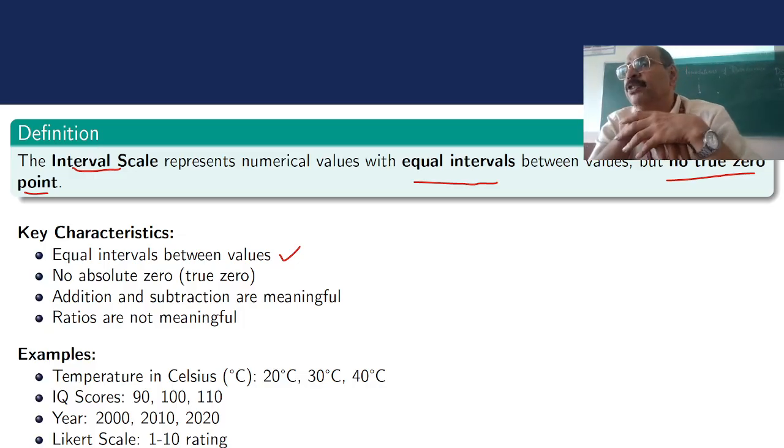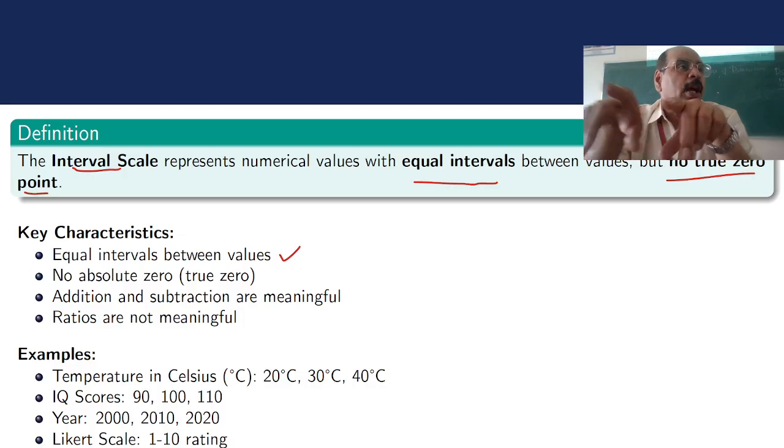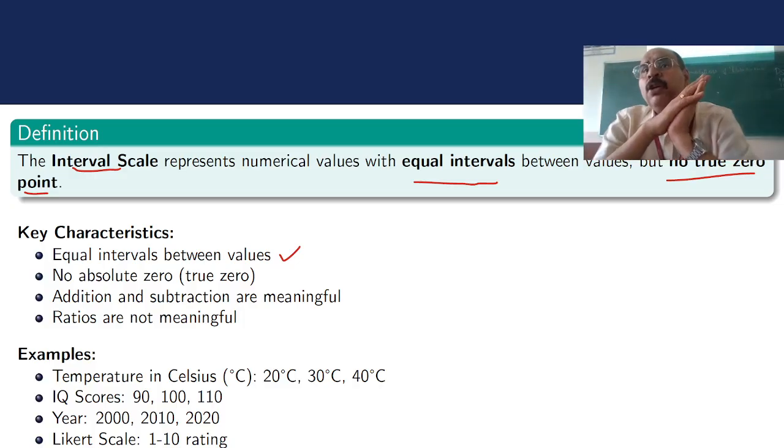Suppose I want to classify how many days were hot or cold in a month. I use an interval scale. Below 20 degrees, there were 10 days in this month. At 20 to 30 degrees, there were so many days, and so on. That's why we say we have an interval.